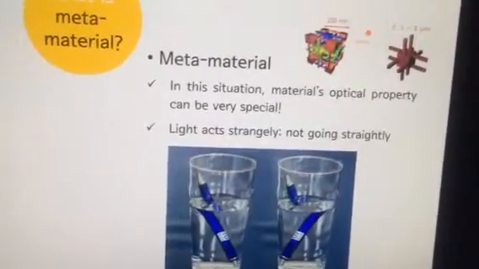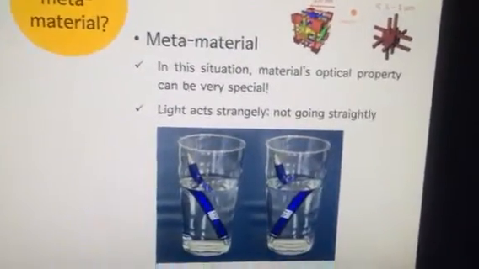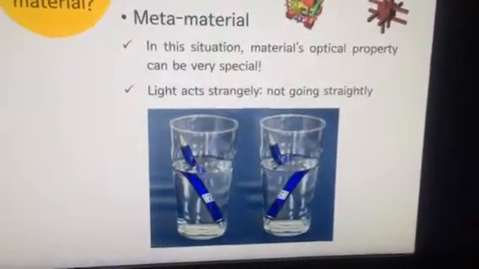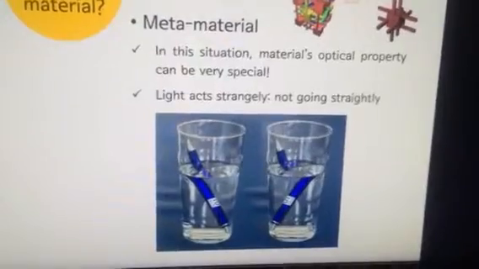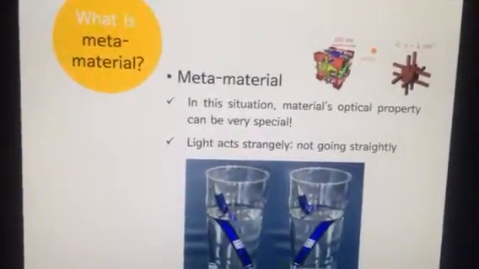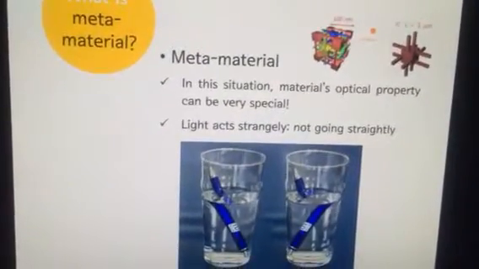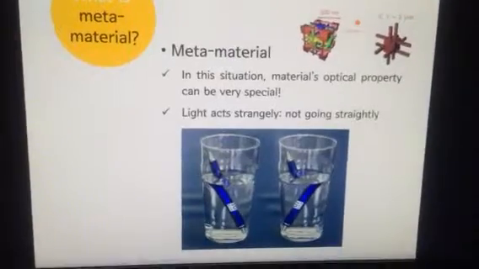In this situation, the optical property of that material becomes very special and totally different from normal materials around us. That means light doesn't go straight, but goes zigzag or fluctuating.